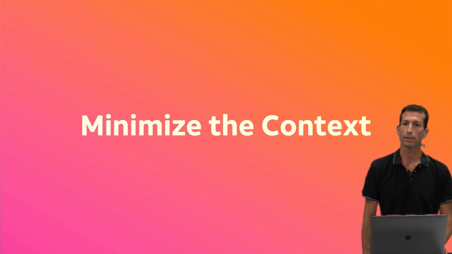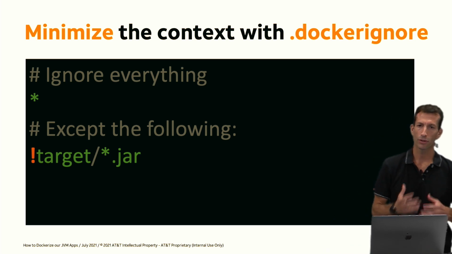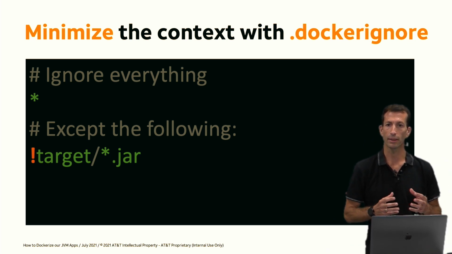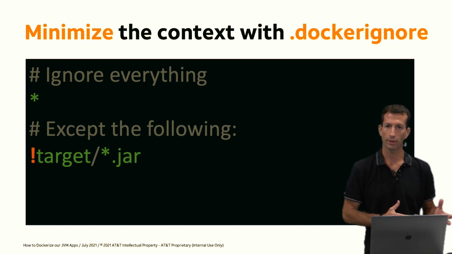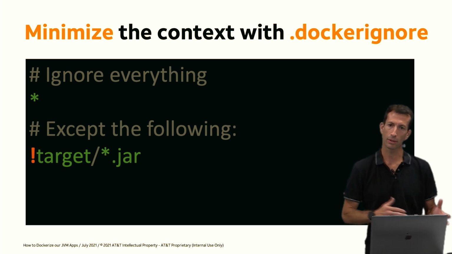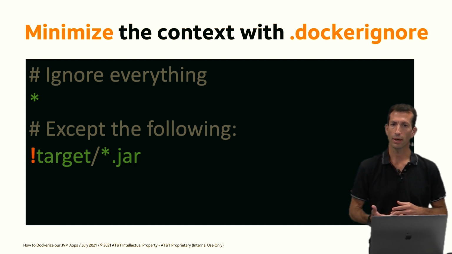Next thing that we'll talk about is minimizing the context. As I mentioned before, the context is basically anything on the host that Docker can use to build the image. Not sure if all of you know, but Docker has a client-server architecture. So when I run the Docker build, I use the Docker client.